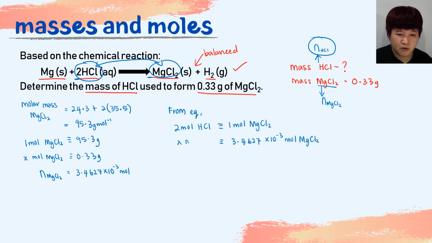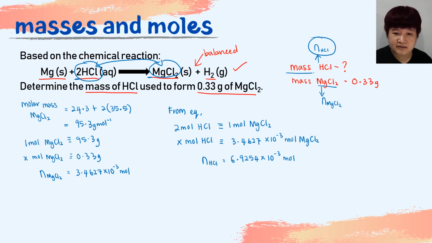What would be the mole of hydrochloric acid? So the number of mole of hydrochloric acid calculated will be 6.9254 times 10 to the power of negative 3 mole of hydrochloric acid. And that is the number of mole of hydrochloric acid.